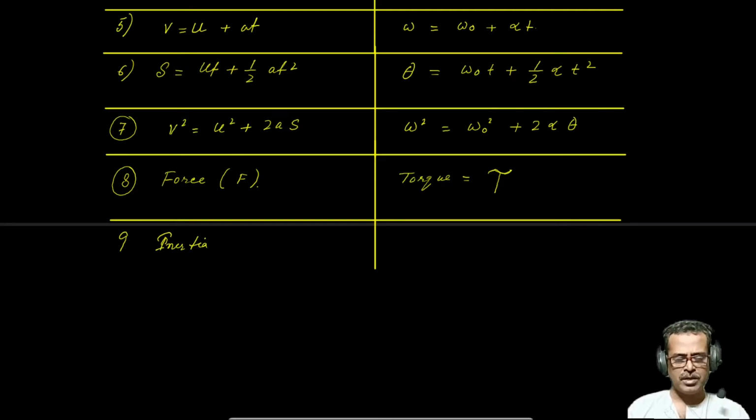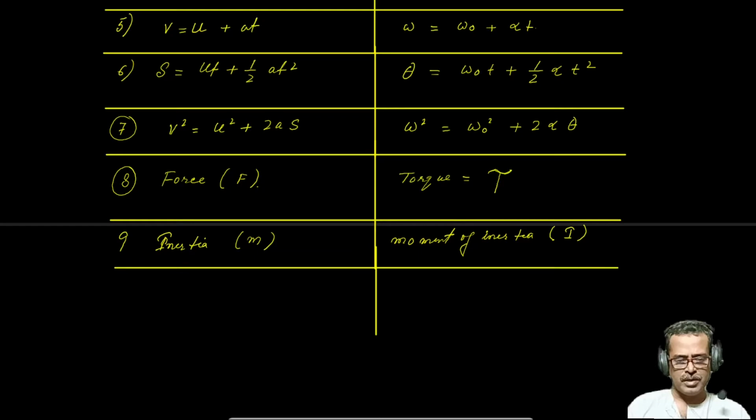We know that in case of linear motion, mass is the measure of inertia, so we always express inertia by mass, symbol m. Moment of inertia is symbolized by I. We will discuss this in detail in circular mechanics. 10, momentum.